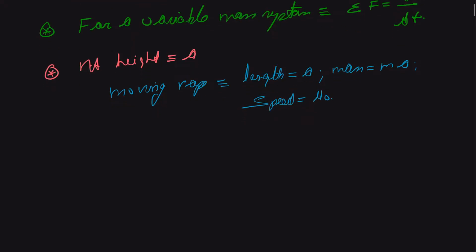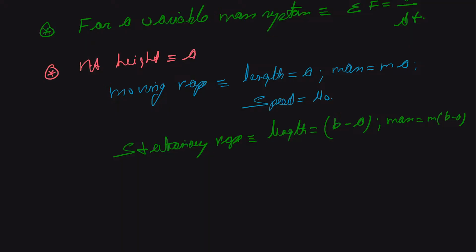And then we also have a stationary rope that is entirely lying on the table. So its length will be equal to b minus a, because b is the total length of the rope, and its mass will be equal to mass per unit length multiplied by b minus a.